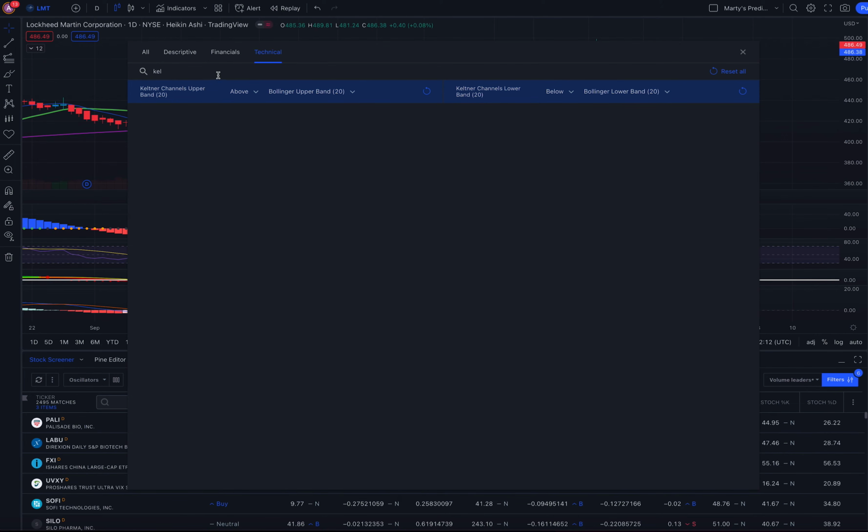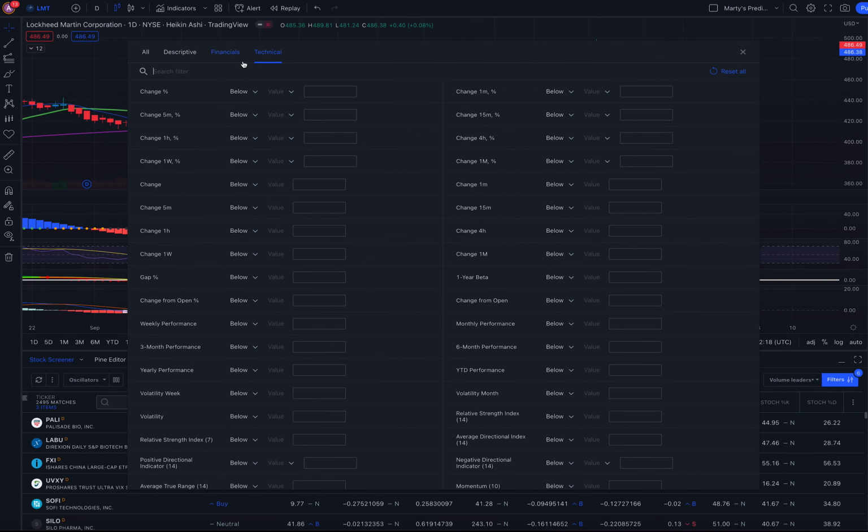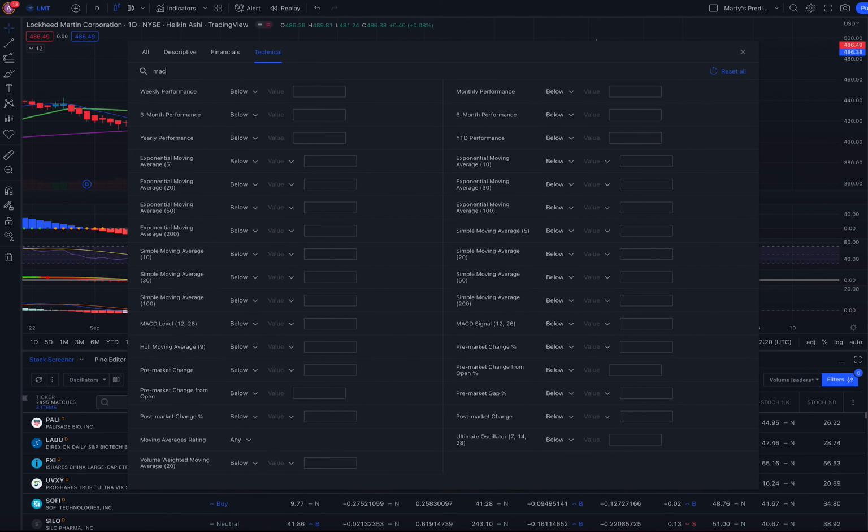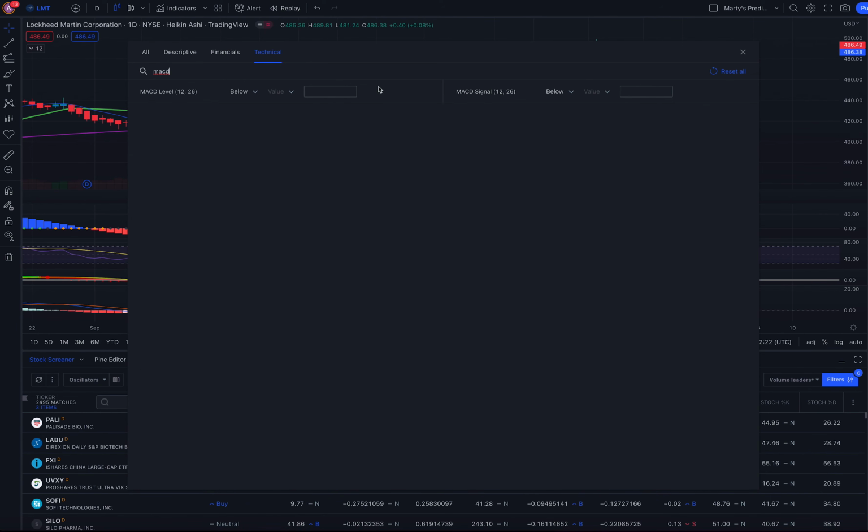And one of the things I've found that helps with that is to add in the MACD. And what I like to do is have the signal above 2. And you'll see that narrows our scan further to 66 matches.